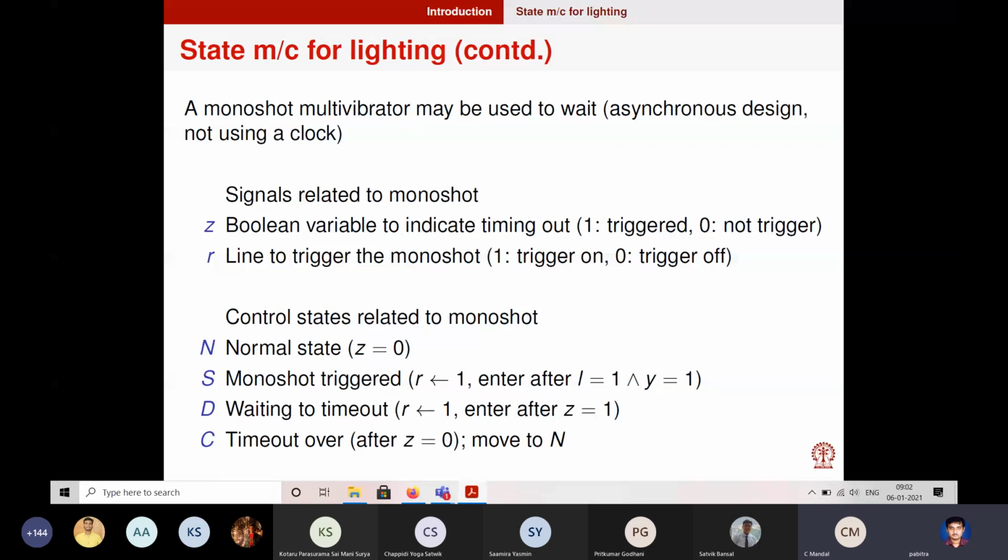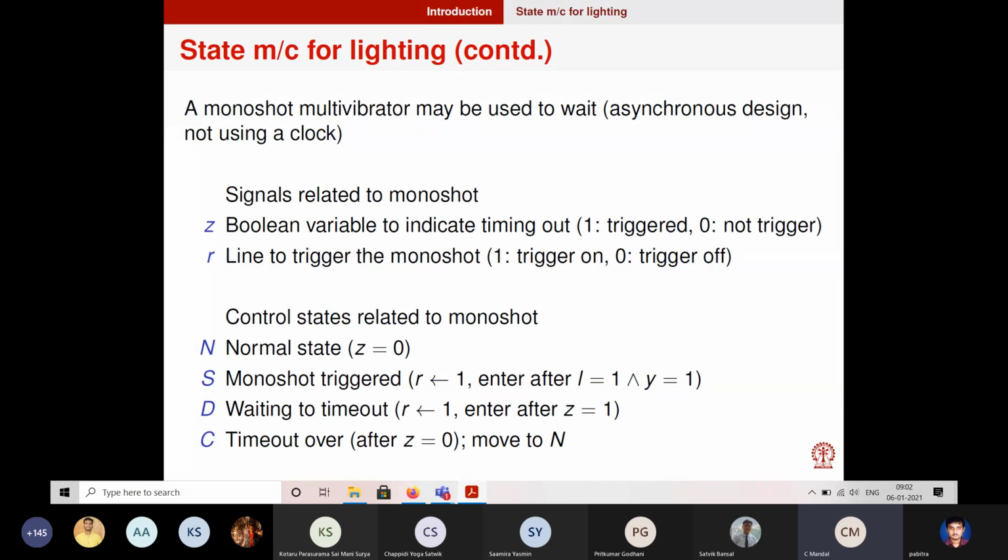Let me just tell you about the monoshot. It's a very simple device. Let us say that its normal output is 0. The output of your monoshot is 0 normally, and then it has a trigger input.